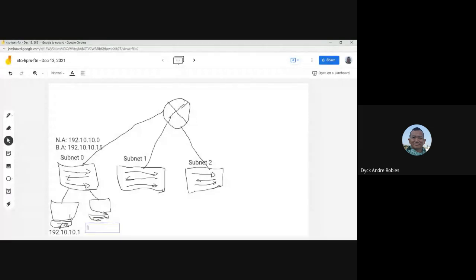So what is the last usable IP in the range? Anybody? 13, sir. 14, sir. 15. Who said 15? Who said 14? 14, sir. 14 is the correct answer.